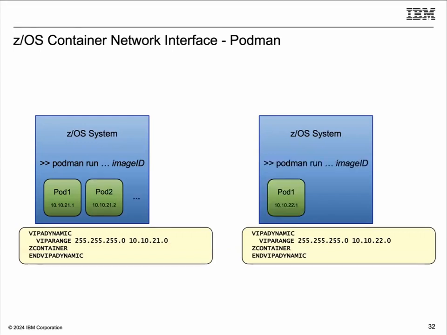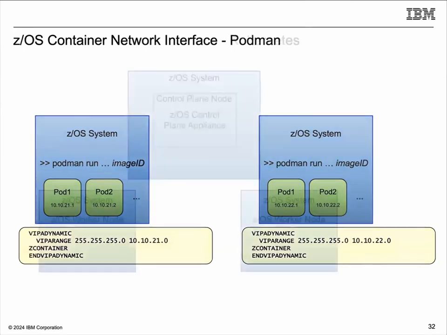And same thing when you run Podman on another system, it will have its own different range of IP addresses defined to it. So we now have the capability of using our existing VIPA range technology to reserve a range of IP addresses to be available for containers when they get started.